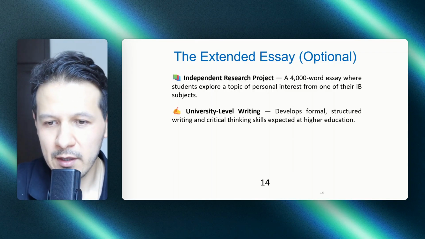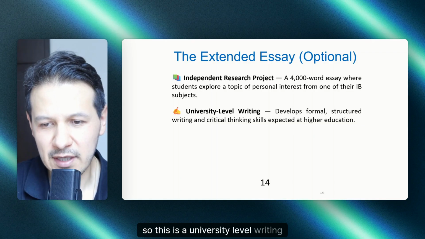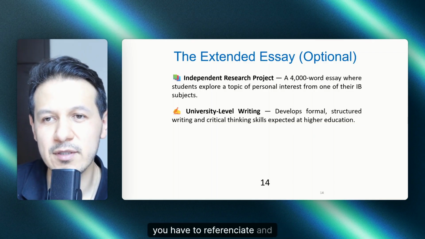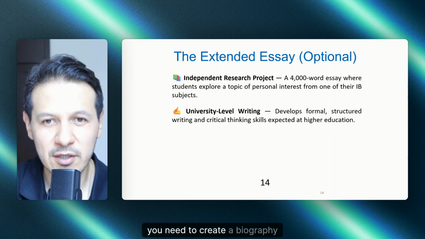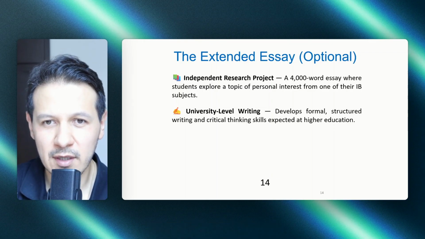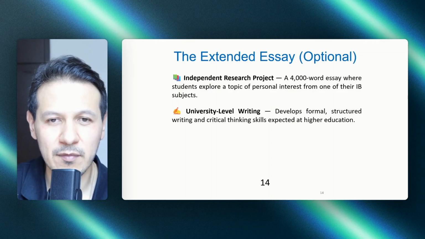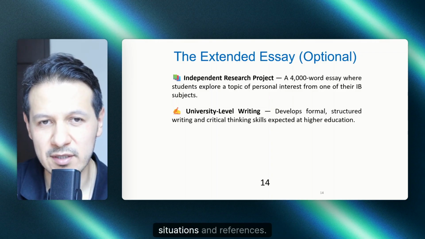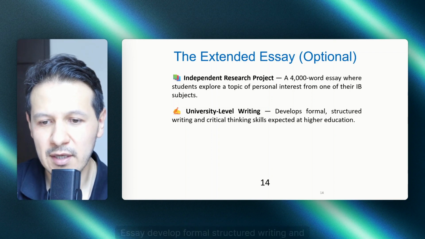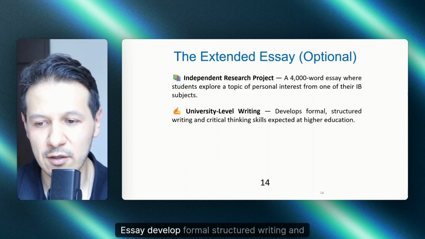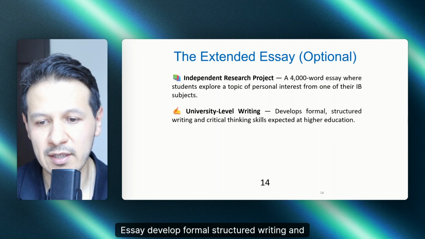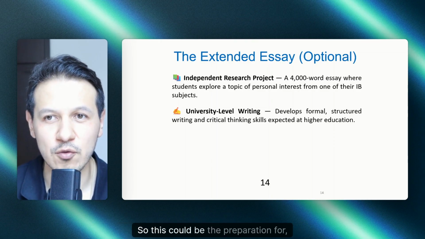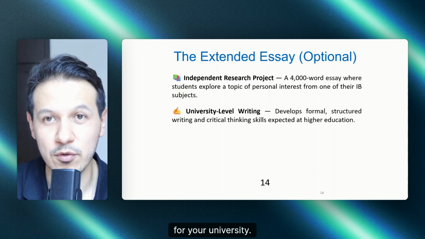Okay, so this is university-level writing because you have to reference and you need to create a bibliography using MLA or APA, which are the formats used to create citations as references. The essay develops formal, structured writing and critical thinking skills expected in higher education. So this could be the preparation for your university.